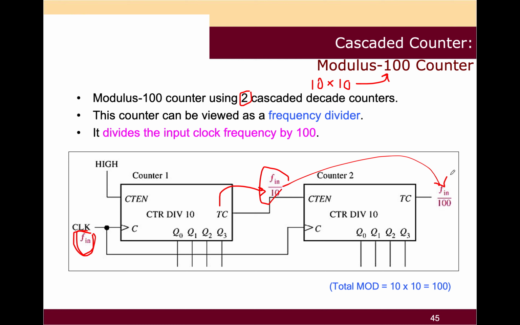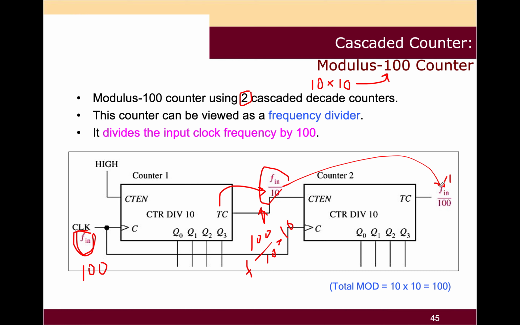Let's say the initial value of your frequency is 100. What is going to happen is 100 divided by 10, so you get the frequency here as 10, isn't it?